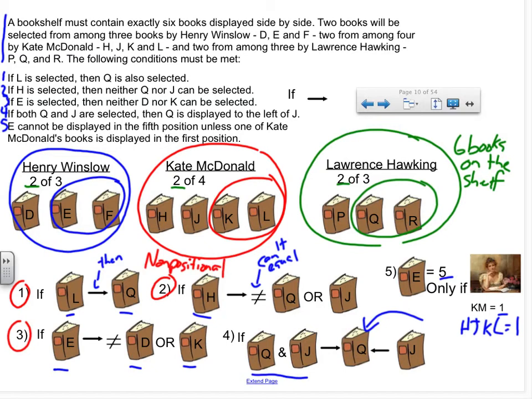So it's telling us if this letter appears on the bookshelf, then this letter needs to appear on the bookshelf. Or if this letter appears on the bookshelf, these 2 letters do not appear on the bookshelf.